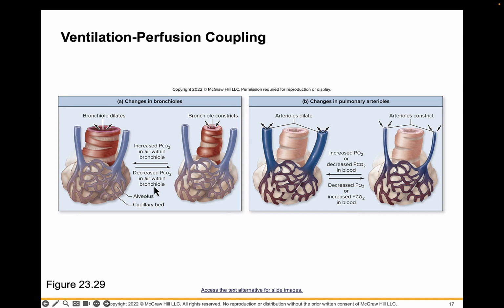Now, if we have a decreased PCO2 of the air within the bronchiole, we'll actually see a bronchial constriction or bronchoconstriction. Now here we're looking at what's happening to the arterioles. If we look at an increased PO2 or decreased PCO2 in the blood, our arterioles are going to dilate, whereas a decreasing PO2 or increased PCO2 in the blood will result in constriction of the arterioles.